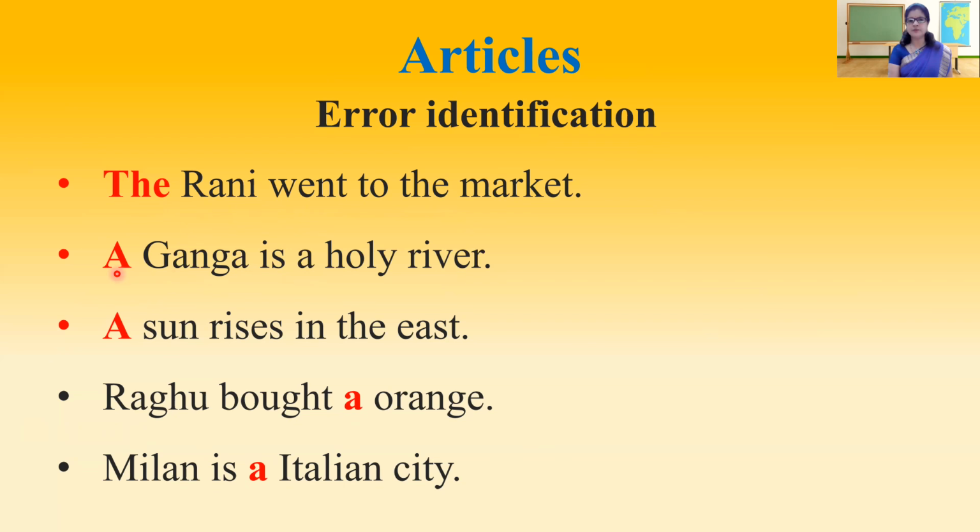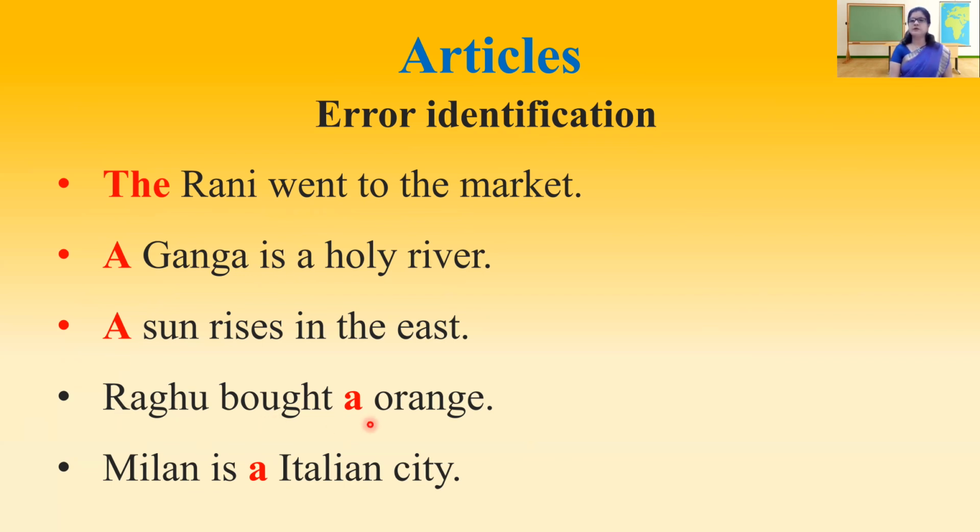As I told you, we have to use the definite article for the names of the rivers. So the Ganga is a holy river. A sun rises in the east. So sun, solar system, when we are talking about the solar system, we have to use the definite article. The sun rises in the east.